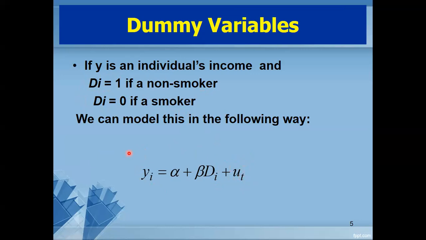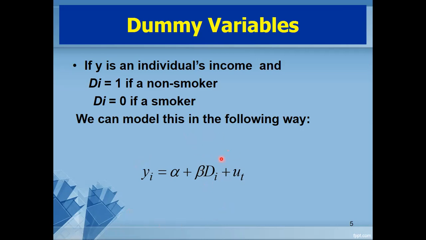So the purpose of estimating this model is to capture what is the change in individual's income across non-smokers and smokers. We are going to examine whether there is a significant change in individual's income across these smokers and non-smokers. This is the purpose of estimating this model.